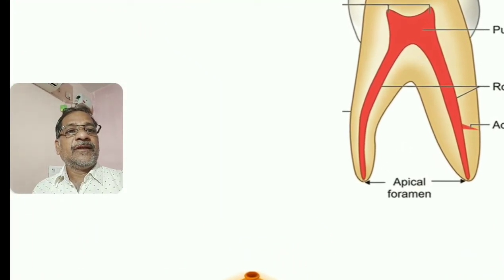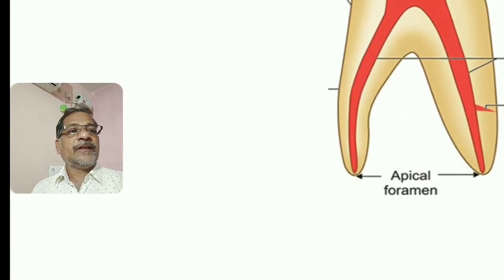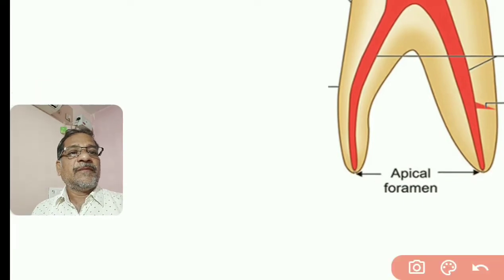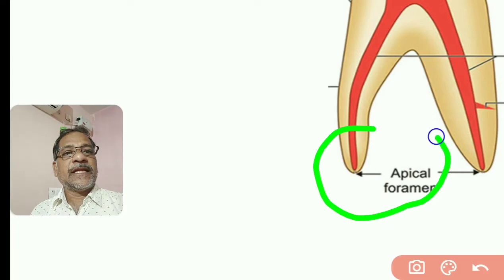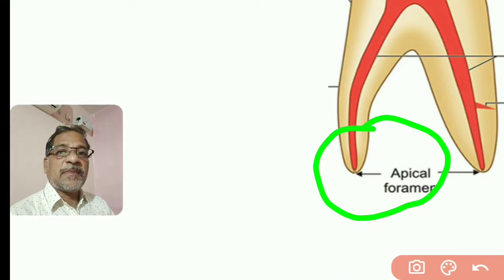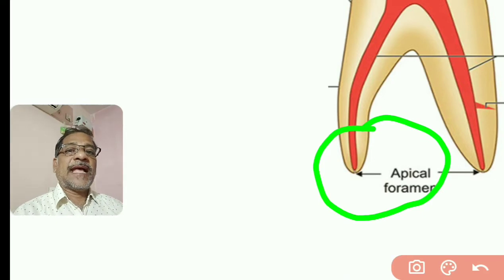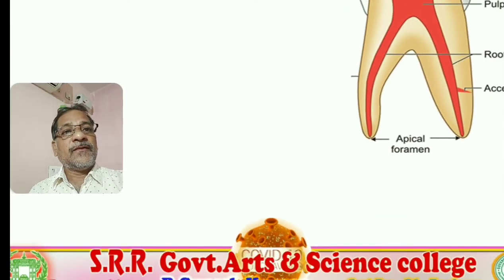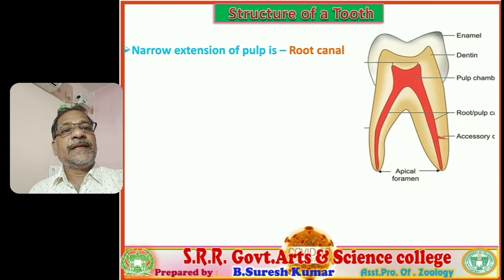Right. Next, you observe at the base of root canal in this visual clearly, a prominent aperture is present. Clear? I marked that area. At the base of root canal, a prominent opening is present, that is called apical foramen. So through the apical foramen, what is to be entered?